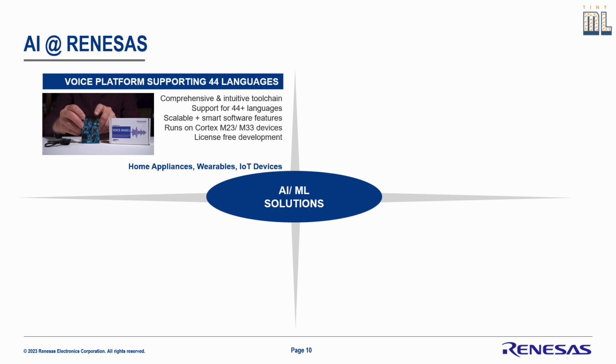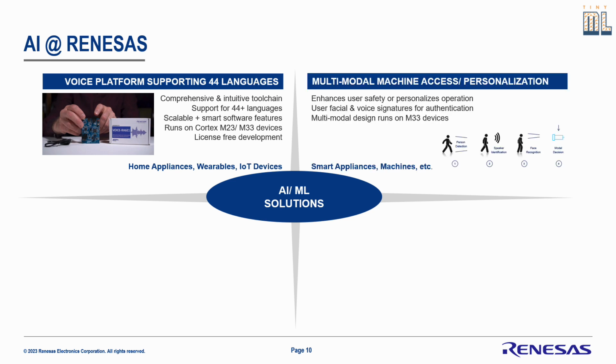Then another part is the multimodal machine access and personalization system. We call it multimodal because although we still talk about a system that runs on M33, really at below 200 megahertz, we can run up to 4 models concurrently that can do visual tasks like visual wake word detection, speaker identification, and face identification.